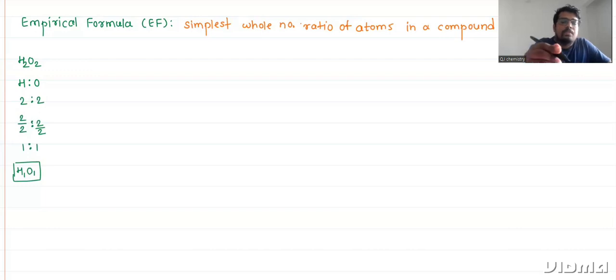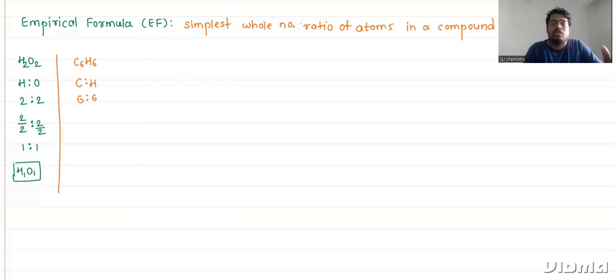Let us take another example, benzene. The molecular formula of benzene is C6H6. In benzene there are a total of 6 carbon atoms and 6 hydrogen atoms in a single molecule. So let us take the ratio of carbon to hydrogen and simplify the number of atoms ratio by dividing by 6.